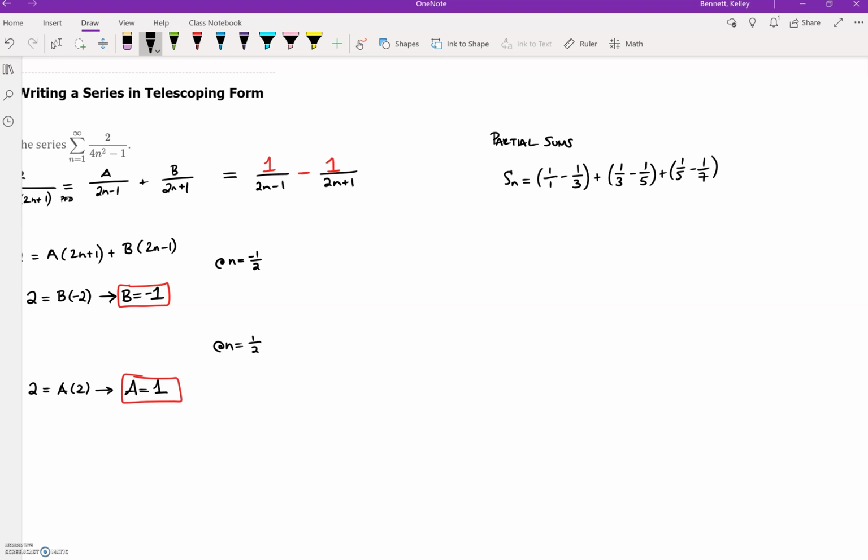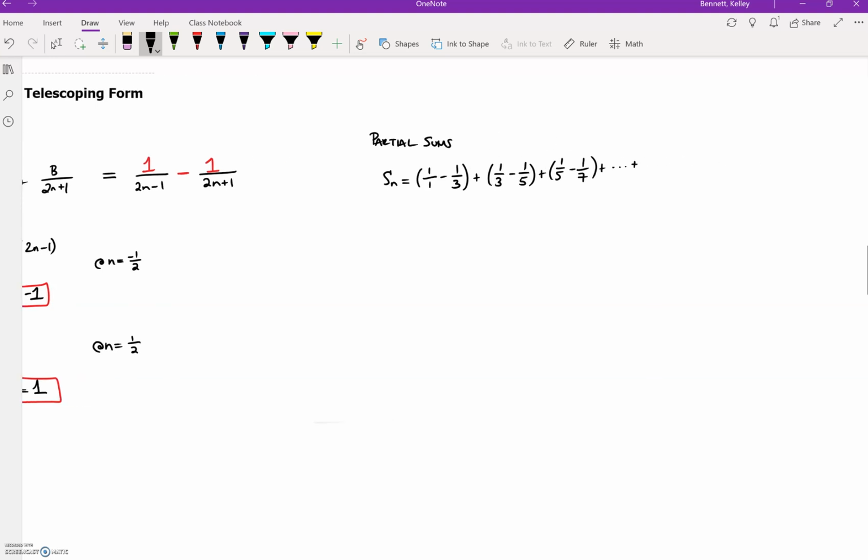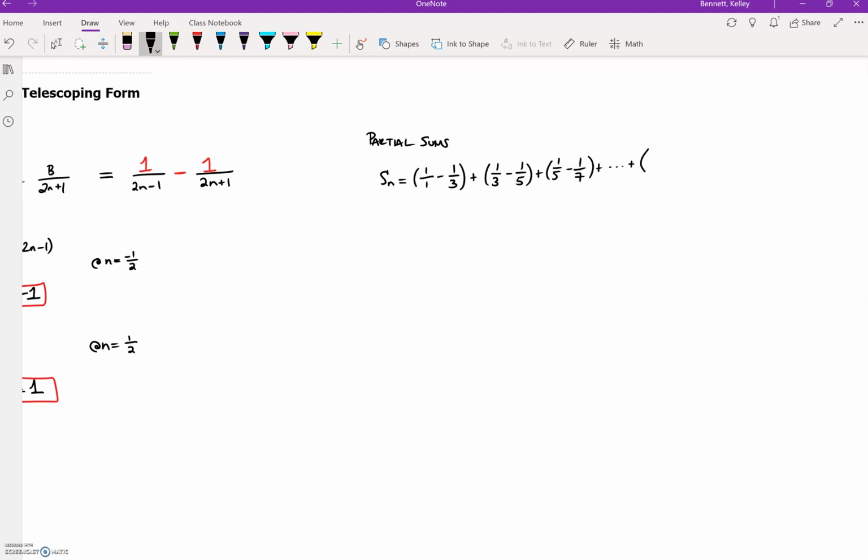So there's a pattern here. Plus dot dot dot plus all the way into the end. So we'd have 1 over 2n minus 1 minus 1 over 2n plus 1.